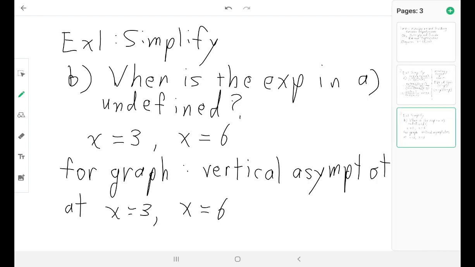So I'm going to move on, and we're going to skip example 2 in the book, and go right on to example 3, which is another simplify problem.